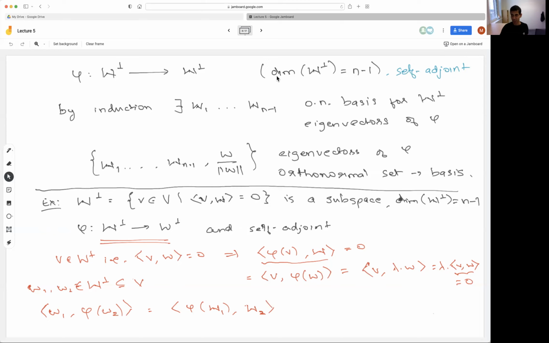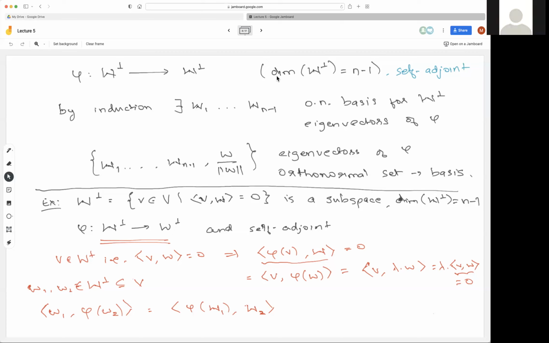Because phi maps things from W perp to itself, this transformation is from W perp to itself, which is an n-1 dimensional space. So we have an orthonormal basis of eigenvectors of phi perp. But because phi perp does exactly what phi did, an eigenvector of phi perp is also an eigenvector of phi, because phi perp is just phi with a different name.